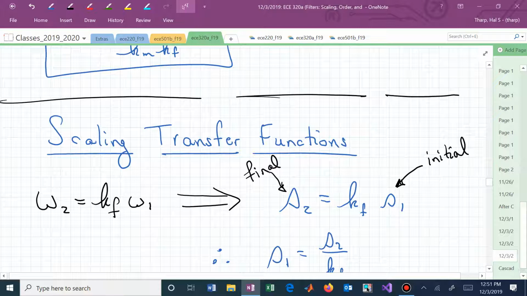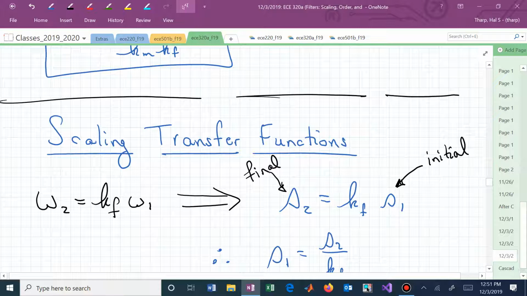S's are just frequencies. We now say, oh, we want omega sub 2 to equal k sub f omega 1. Well, S2 and S1 are j omega in terms of their relationship, so the S's scale just like the omegas.